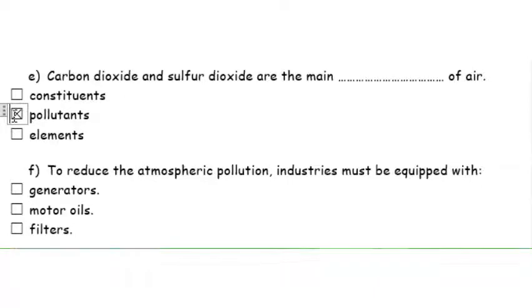Generators generate more electricity, using more fuels, and then release more harmful gases. Motor oils mean burning more fuel. Or we should use filters to filter the harmful gases. Yes, for sure, it's the last choice. Okay, so this is a technique used to reduce air pollution.